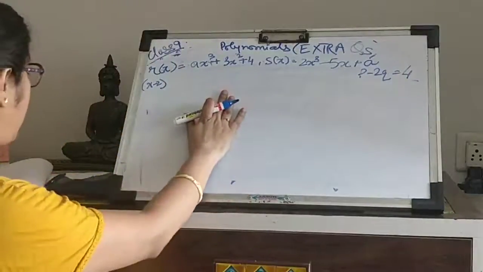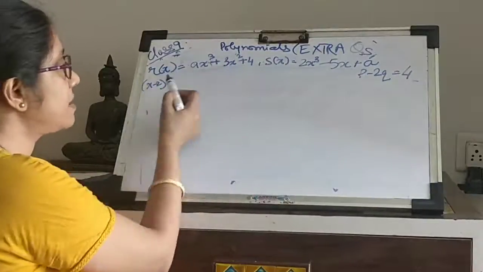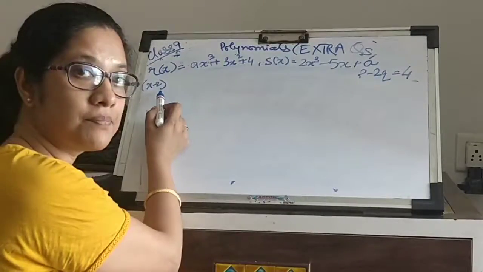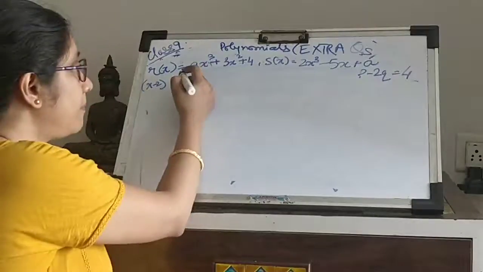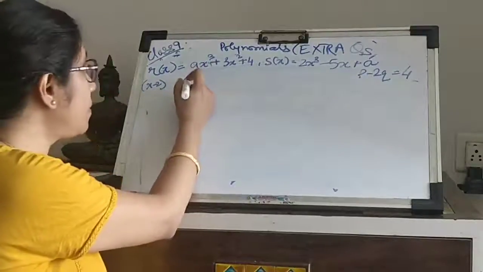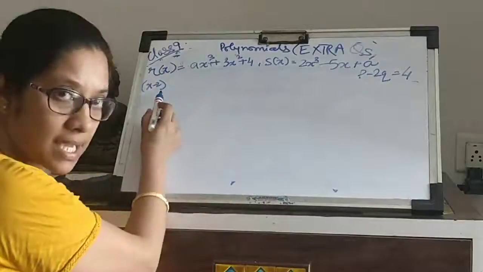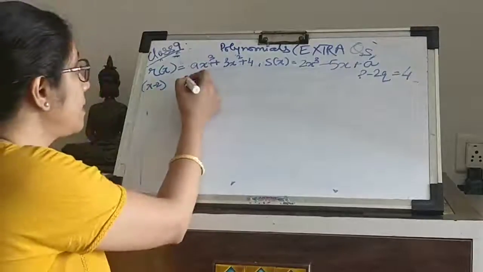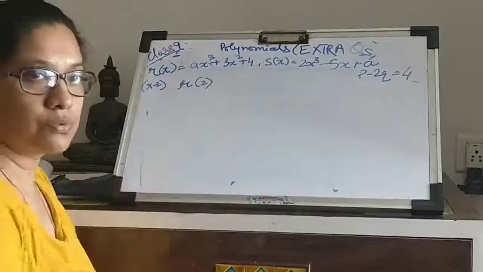So let's start solving this. Given that R(x) is divided by x minus 2, what should be the remainder? By applying remainder theorem, we know that if polynomial R(x) is divided by x minus 2, the remainder that is left to us is R(2).